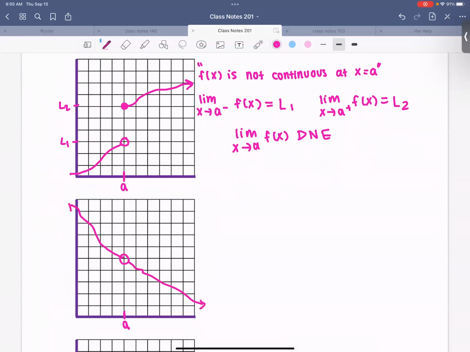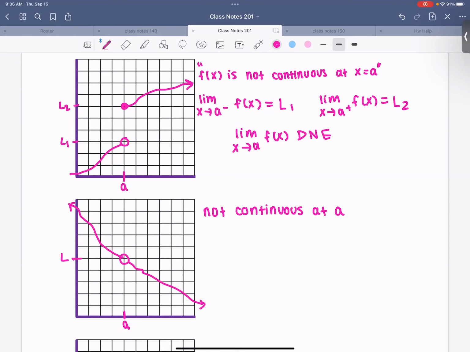So at L, we've got a hole. This is also not continuous at a. Sometimes we don't write x equals. It's just not continuous at a.